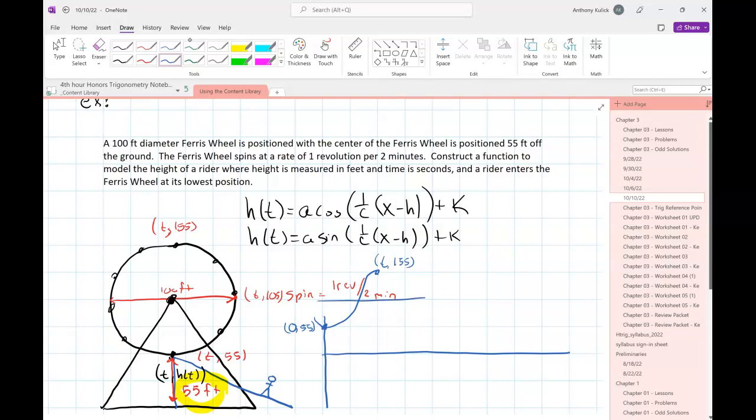So the midline there has to be 105, right? Just like we had done before. That this is like, y max is 155 and y min is 55.